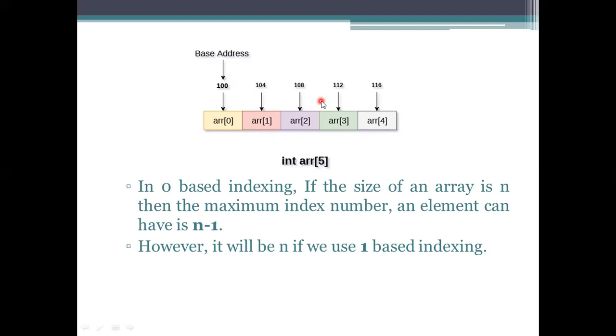The memory space allocated for each integer is 4 bytes. So the address we are specifying is 100, and after the insertion of the first element, we go for the second element. For each address, add 4 bytes to that one.